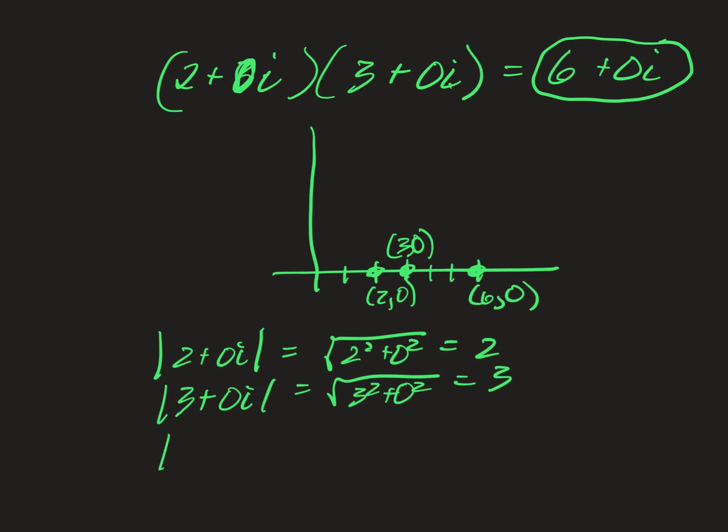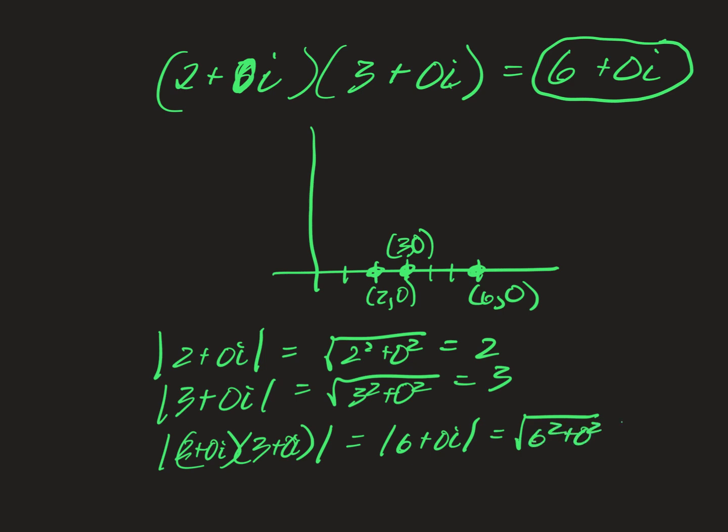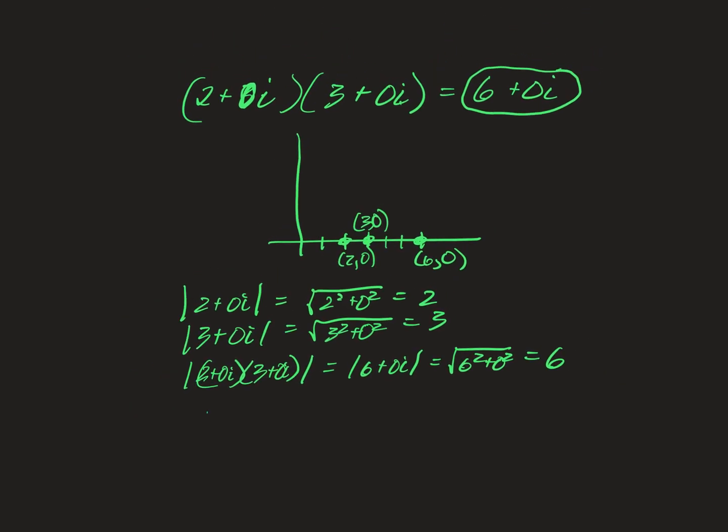And the modulus of the product, 2 plus 0i times 3 plus 0i, is equal to the modulus of just 6 plus 0i, which is the square root of 6 squared plus 0 squared, or just 6. So what we see here is that our property will hold: the modulus of the product is equal to the product of the moduli. And so we see that 6 is equal to 2 times 3.